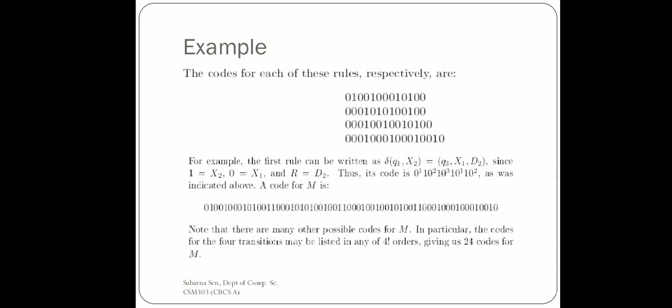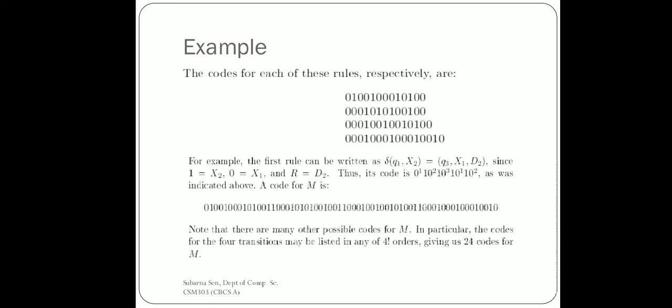If we proceed to the right-hand side, k's value is 3, l's value is 1, and n's value is 2, right? Can you follow the fashion? So the first code will be 0 to the power 1, 1, 0 to the power 2, in this fashion. If you code this one, it is the first line of the slide: 0 1 0 0 1 0 0 1 0 1 0 0, fine.